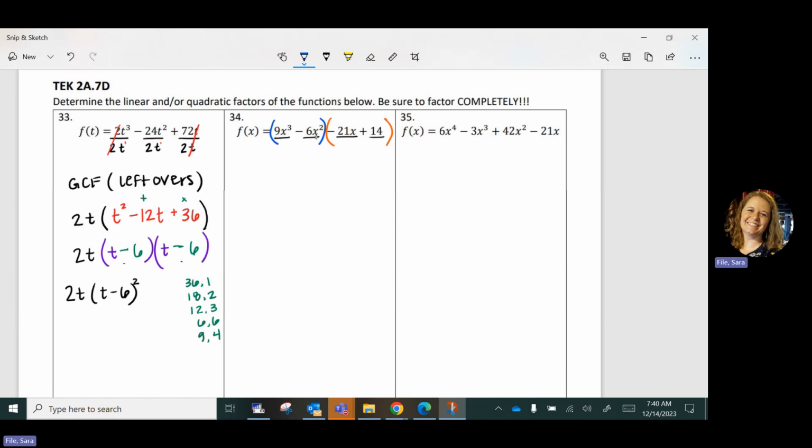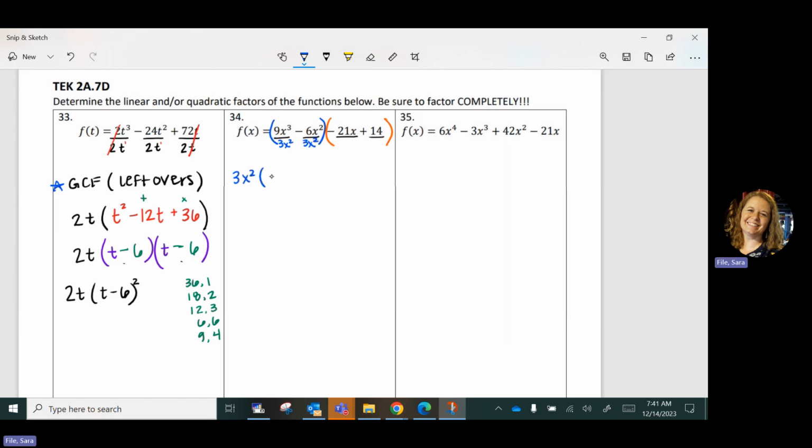Yeah, both of those can be divided by 3, and both of those can be divided by x squared. So a 3x squared, again, it's going to be this same setup over here, GCF, and then your leftovers in parentheses. If you actually need to show we're dividing by 3x squared, you can show that up here.